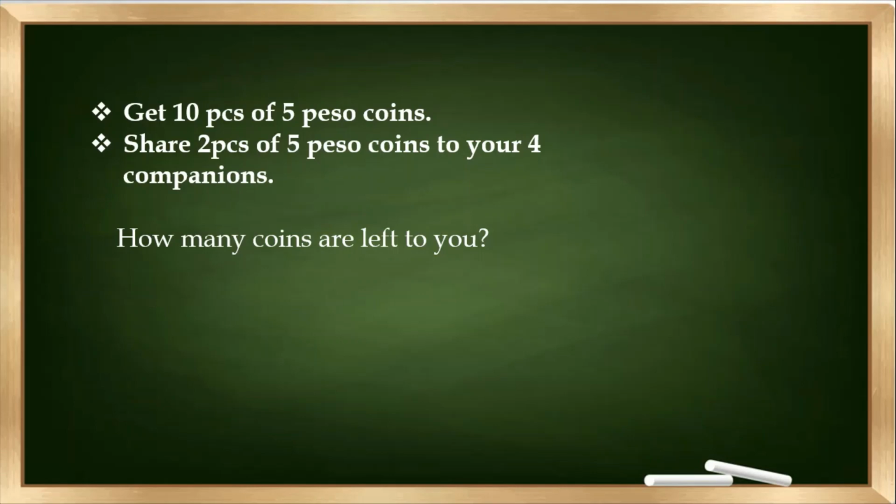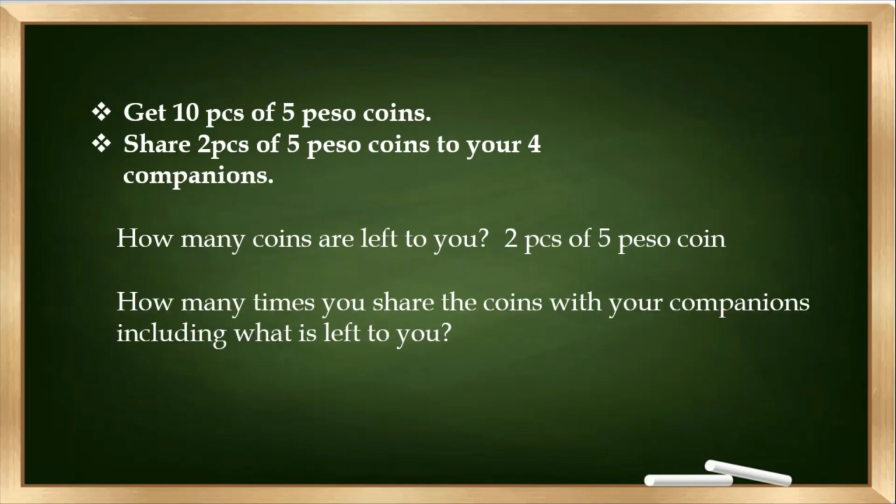How many coins are left to you? So, nagsishare ka sa 4 sa kanila ng tig-2 coins. So, may natitira sa iyong 2 pirasong coins. So, how many times you share the coins with your companions including what is left to you? So, ibig sabihin, nahati mo yung 10 pirasong coins sa 5 beses.